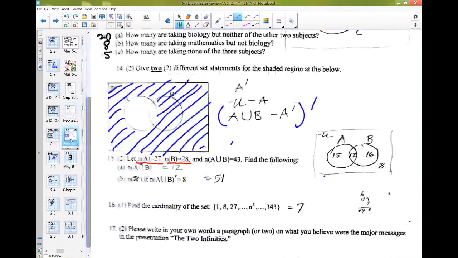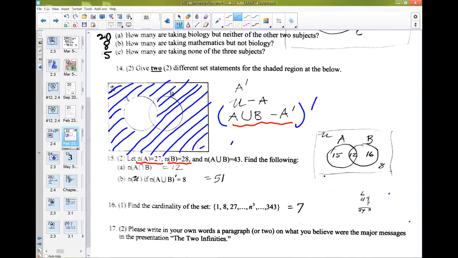I think there was only one person who put this answer down, and I marked it correct, and I shouldn't have. But had it had the parentheses with the negation, the complement symbol, then all 3 of those answers would be correct.